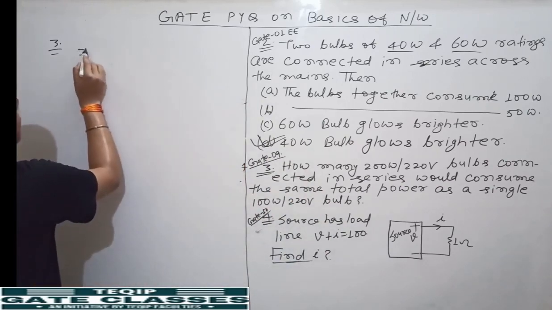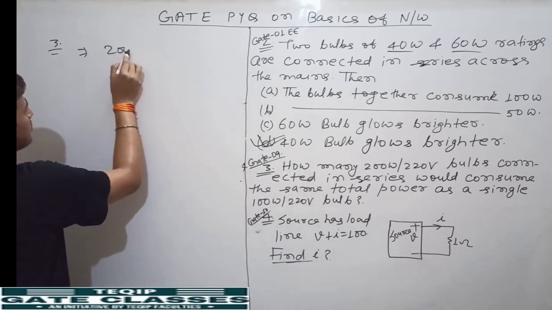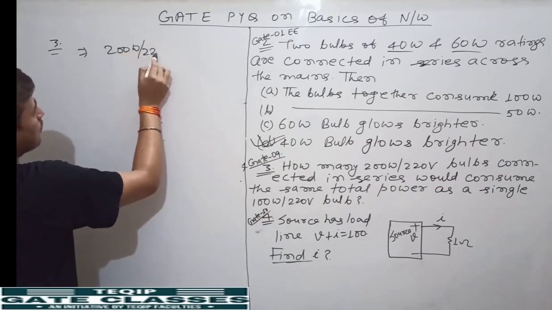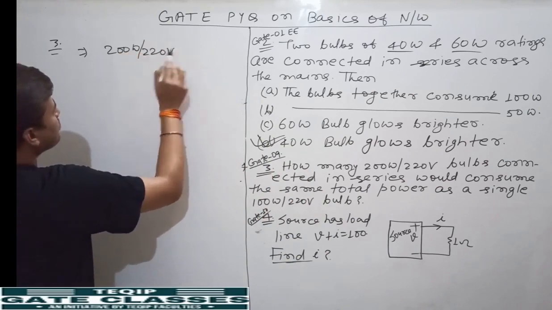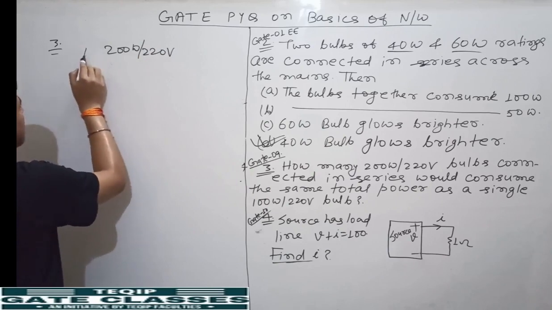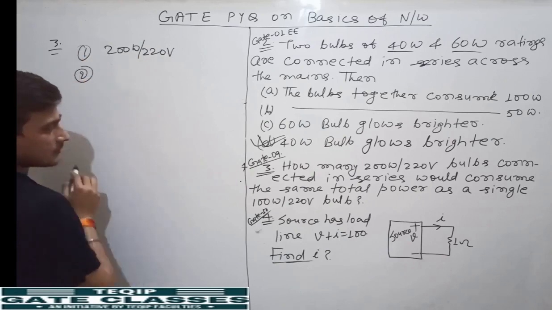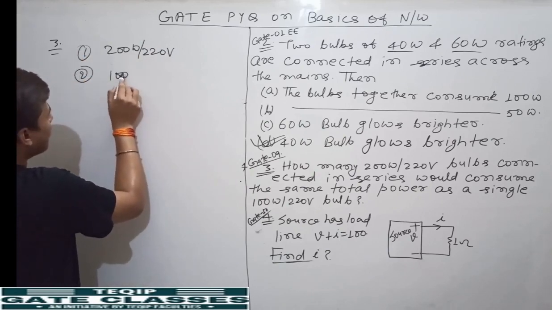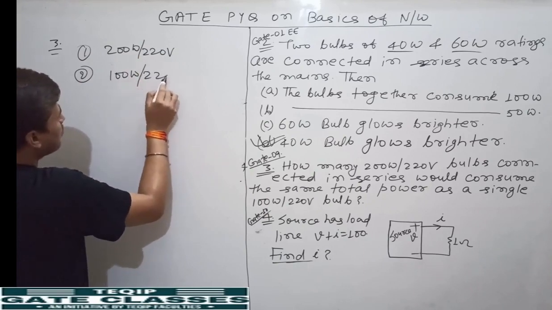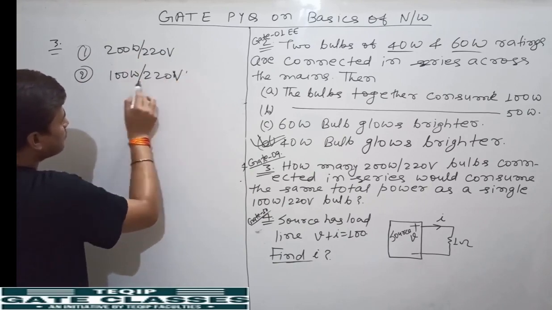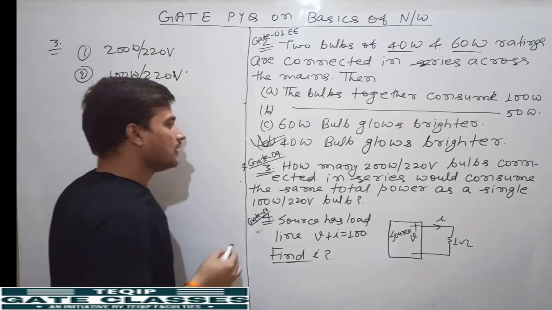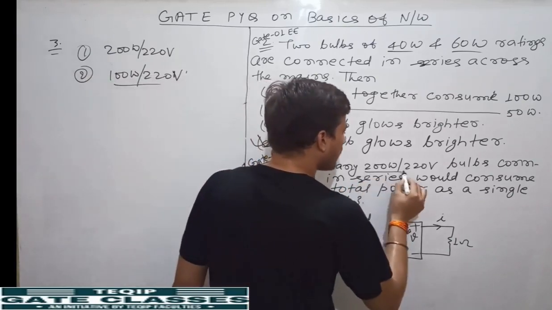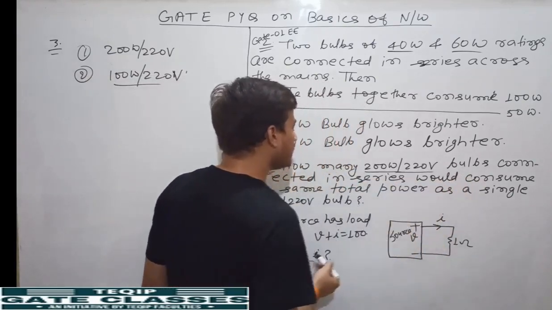First you have a 200 watt 220 volt bulb, clear? And second, you have a 100 watt 220 volt bulb. Now they are saying that you have to connect 200 watt 220 volt bulbs in series.